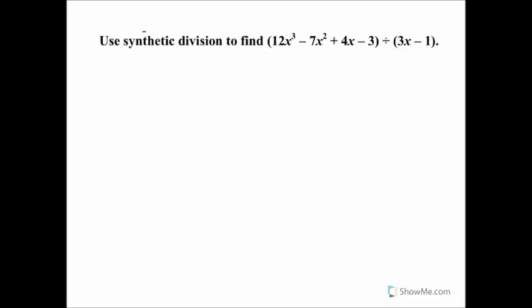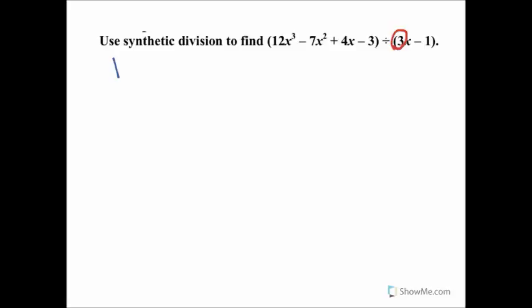What if we want to use synthetic division to divide by a binomial whose coefficient is not 1? In this case, we have a leading coefficient that is 3. So let's see what to do in this case. What we can do is factor out a 3.